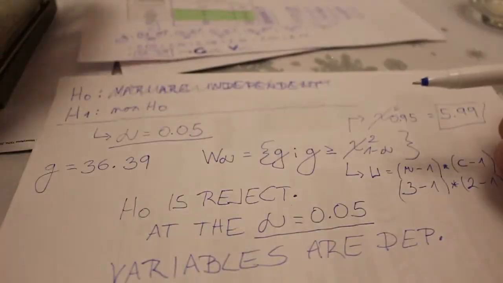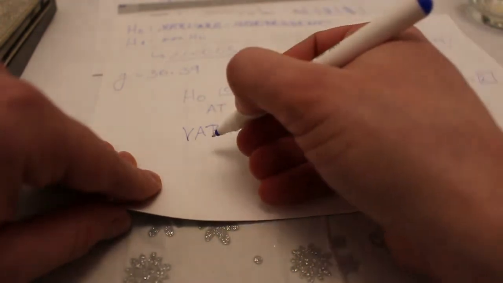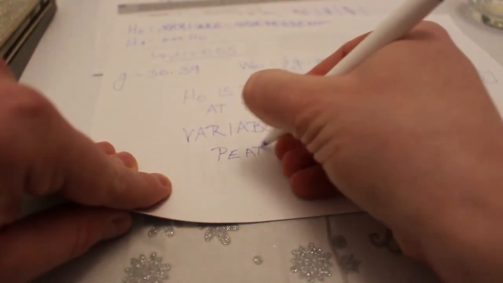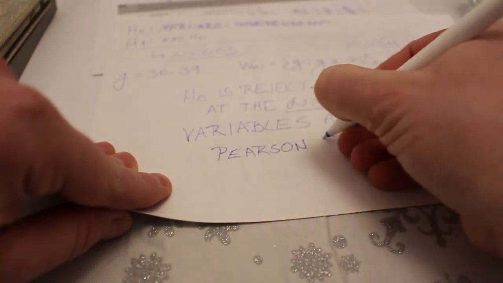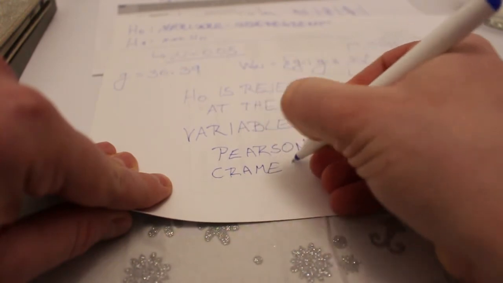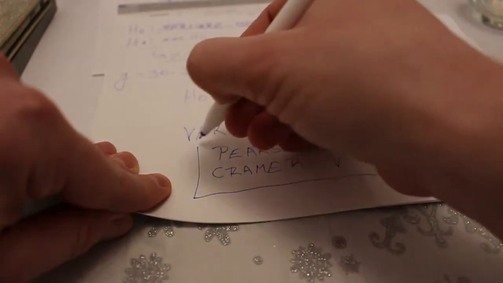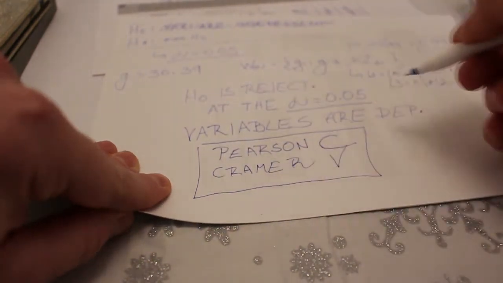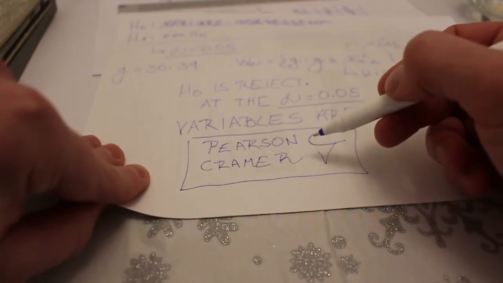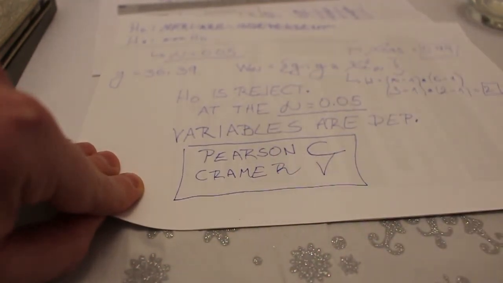You remember that many weeks ago we already calculated the value of Pearson coefficient C and Cramer coefficient V. You can practice, calculate it, or find a video where Pearson C and Cramer V are calculated.